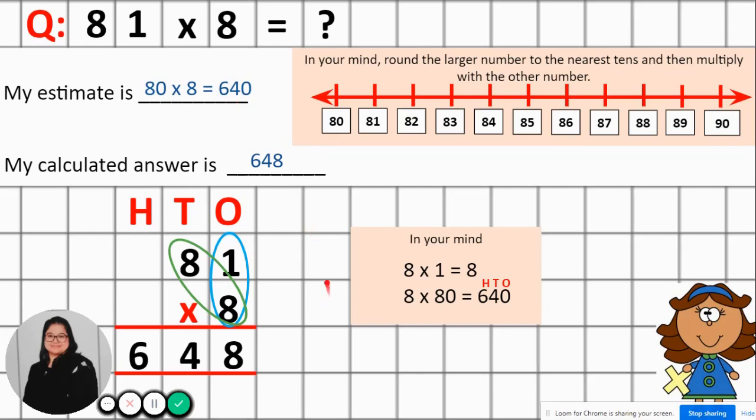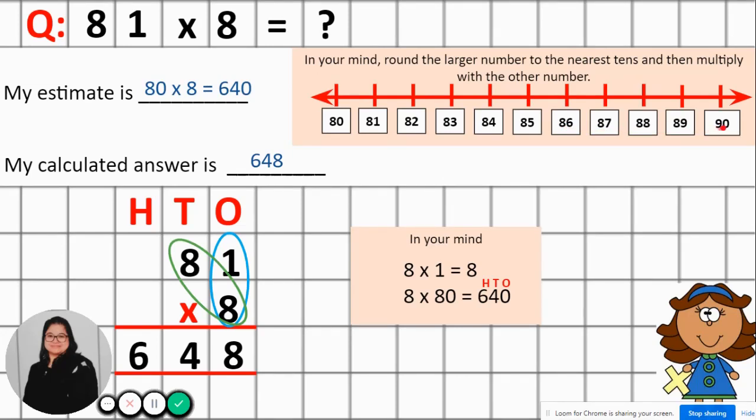Now, one question. Here I had the number 81 and I rounded it off to 80. What if my number was 86? I will round it to which number? 80 or 90? 86 is over here and it is closer to 90.